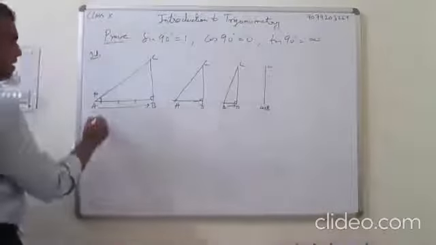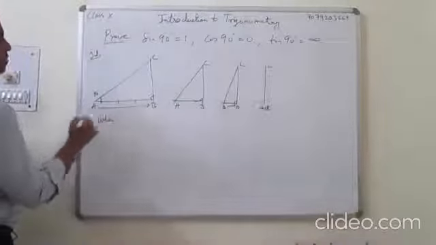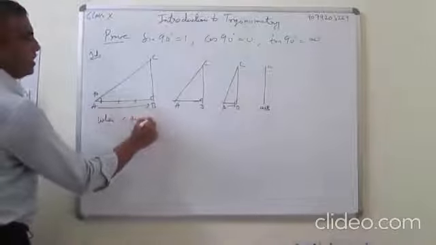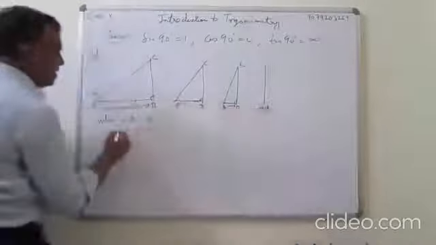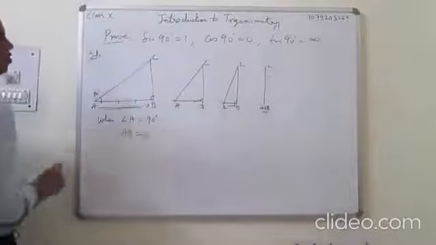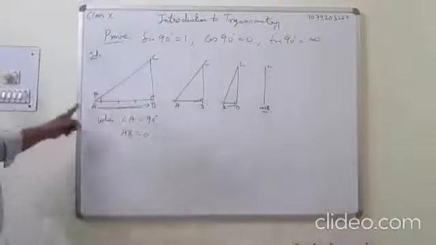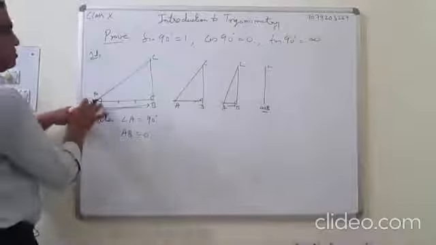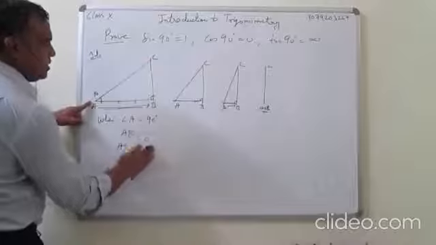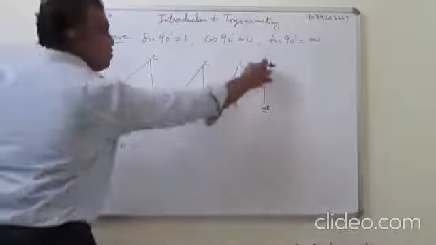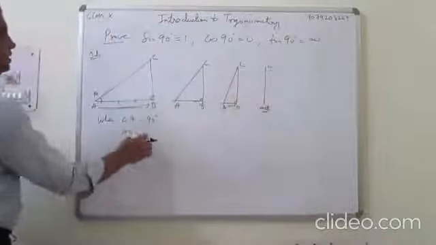So when angle A is 90 degrees, the distance AB is 0, and AC is nearly equal to BC.